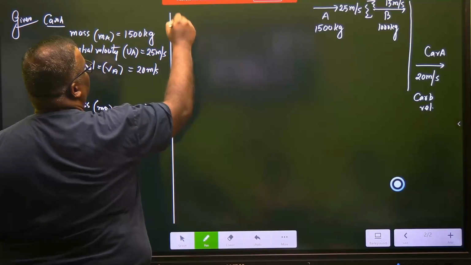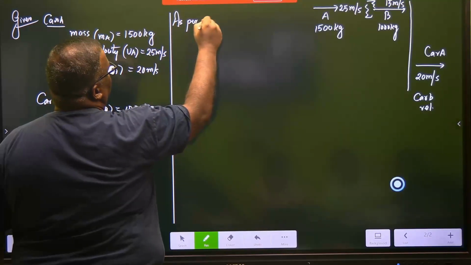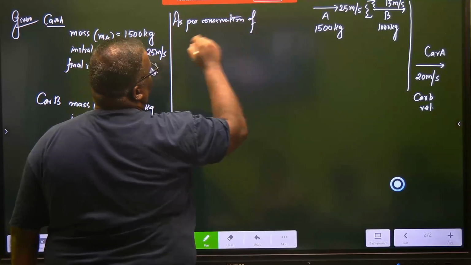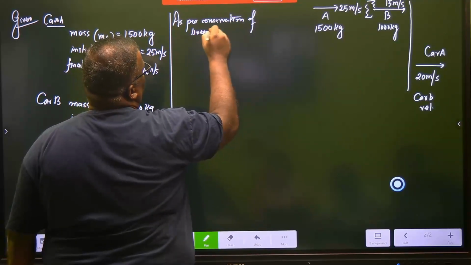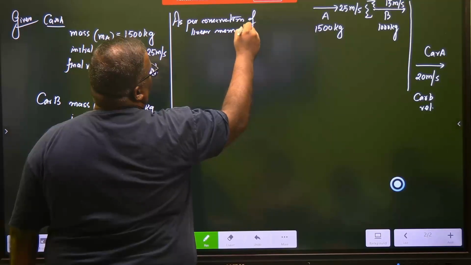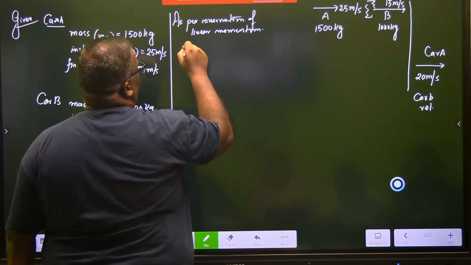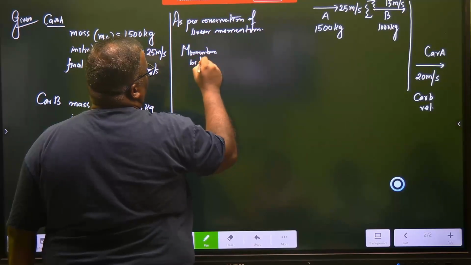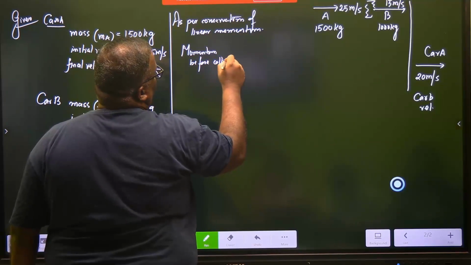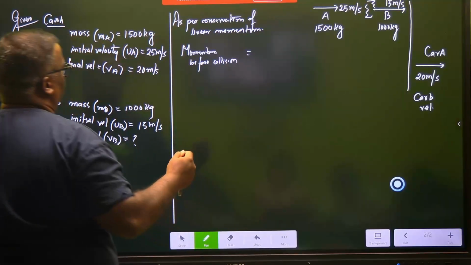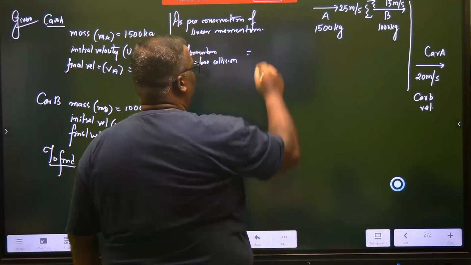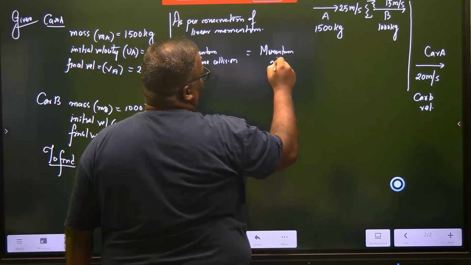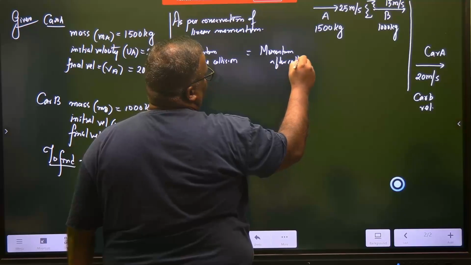We start as per conservation of linear momentum: momentum before collision should be equal to momentum after collision.